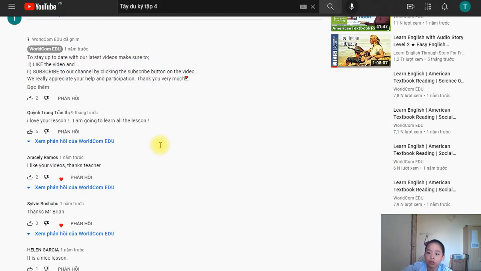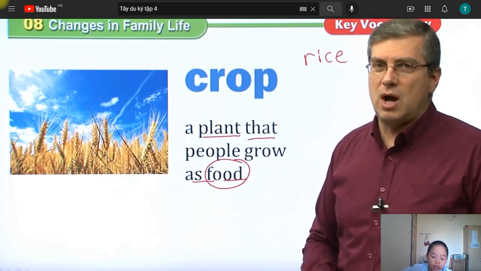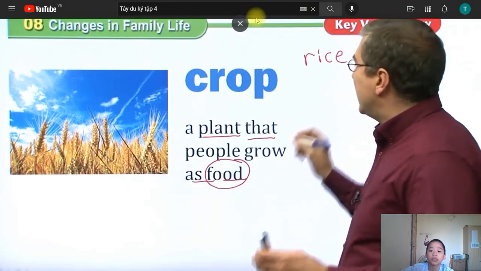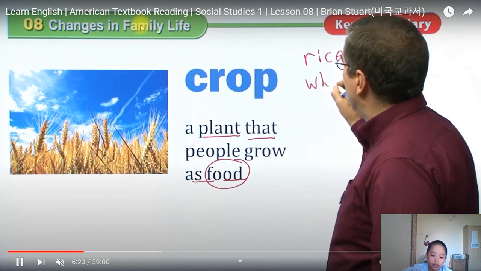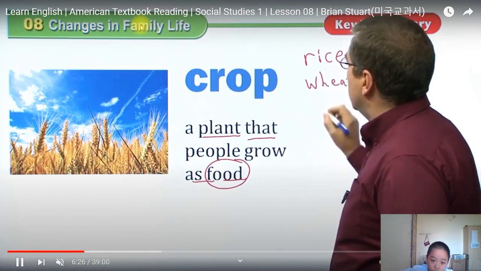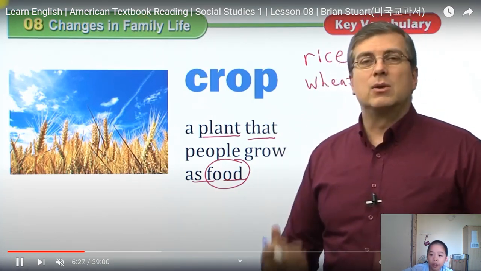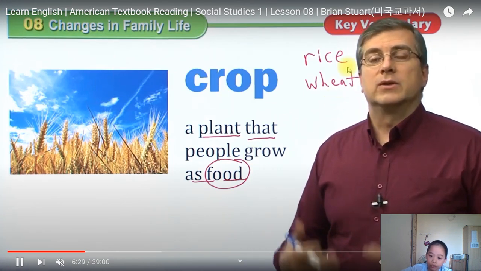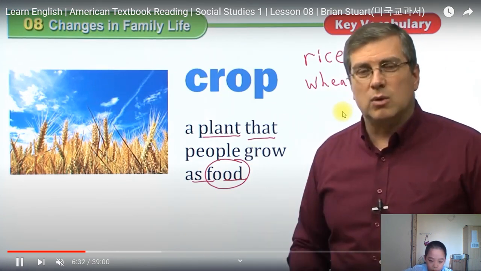But if you see a plant that a farmer did not grow, that is not a crop. There are many types of crops, such as rye, wheat, and potatoes.